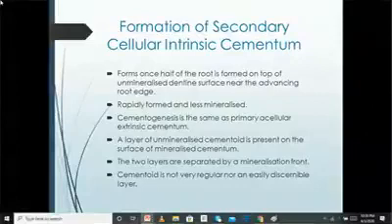Unlike primary cementum, in the secondary cementum, a layer of unmineralized matrix called the cementoid is present on the surface of mineralized cementum. Now, why do we have this unmineralized cementoid present on the secondary cementum surface? Because the presence of this cementoid shows that the secondary cementum does not start mineralizing right after it has deposited. What does that mean?